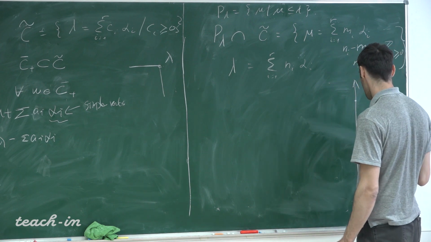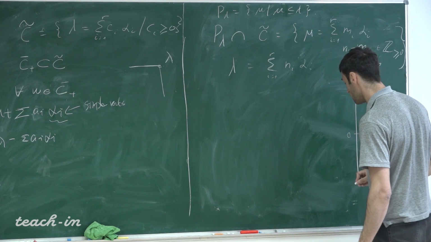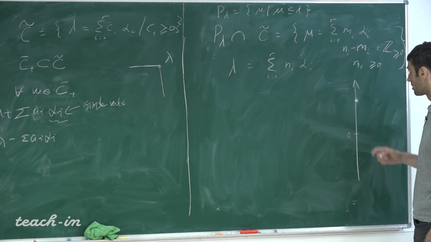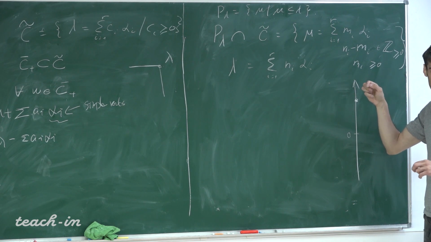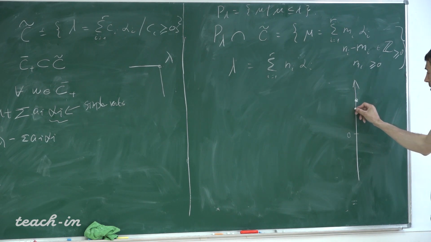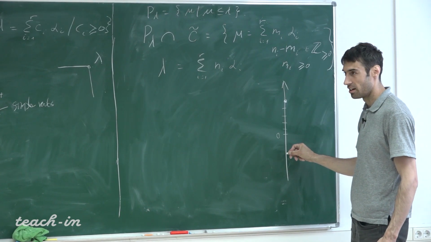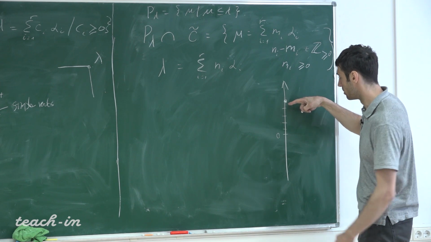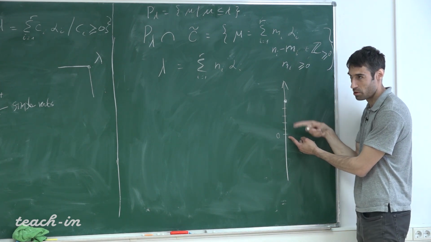If you fix something which is greater than 0, then in this one-dimensional example, you can only subtract a finite number of times from a fixed point, so between 0 and this one there is only a finite number of integers.